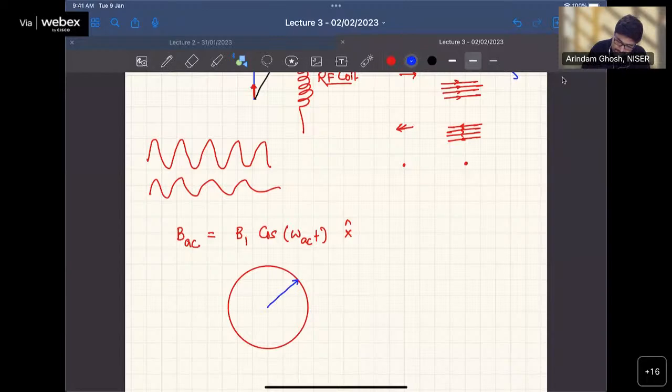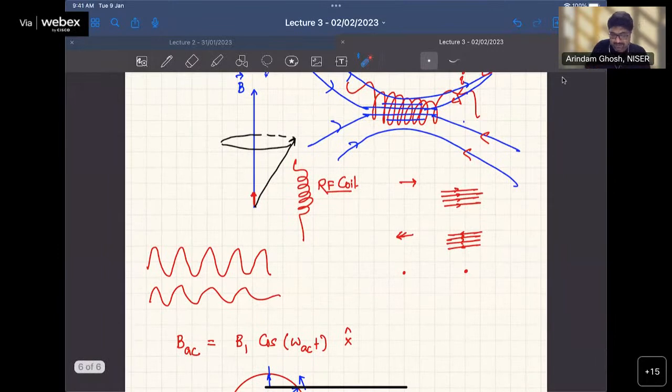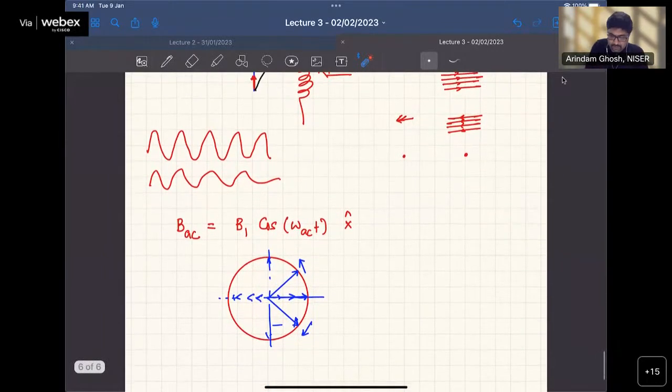One is rotating in this direction, another is rotating in the opposite direction, so that the Y components are always canceling each other. And the X component goes from maximum to zero and then goes like this. So a linear field like this, which is going up and down in the XY direction, as done by this solenoid inside the magnetic field, is thought of as one rotating in this direction and another rotating in the opposite direction.